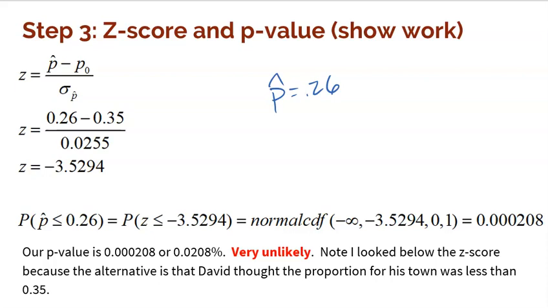We find the probability, this is the p-value, the probability of a sample being less than 0.26. That's even lower, even more extreme, which is equivalent to finding a z-score less than negative 3.5294. Use normal CDF on our calculator to get this probability, and it's very, very unlikely. This is definitely a significant sample. This sample of 0.26 should not have occurred, but it did.